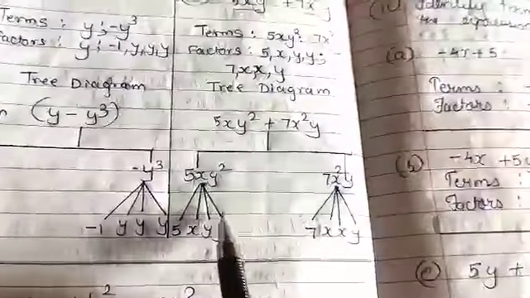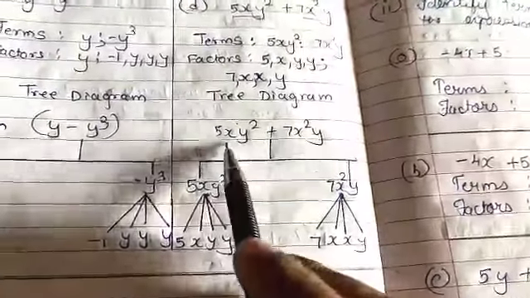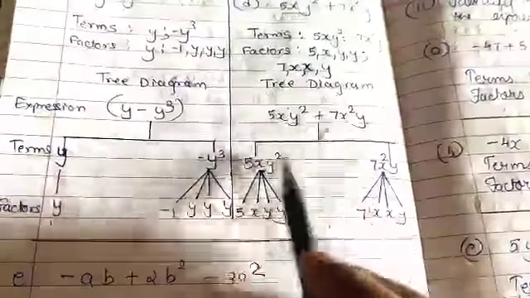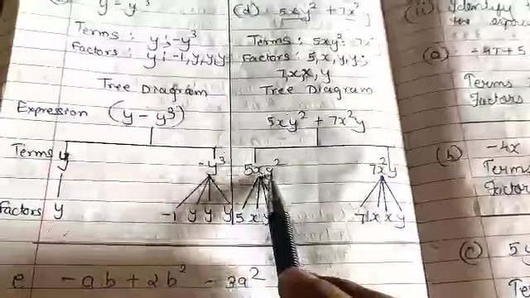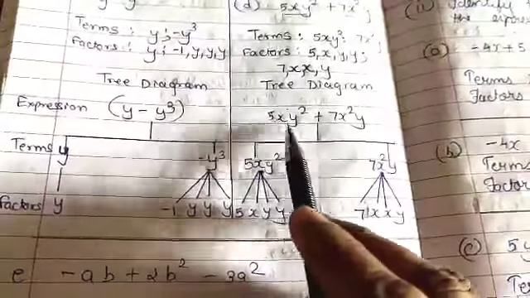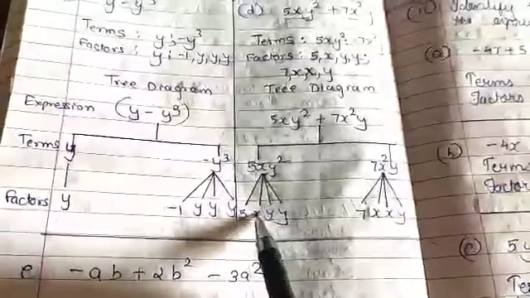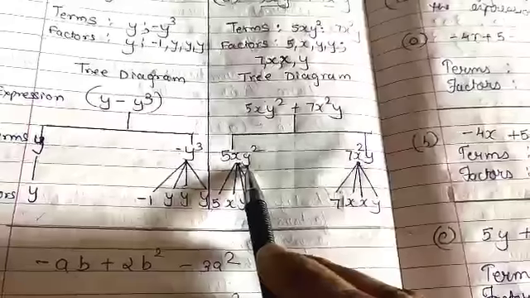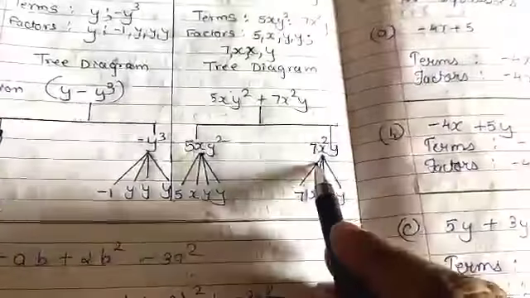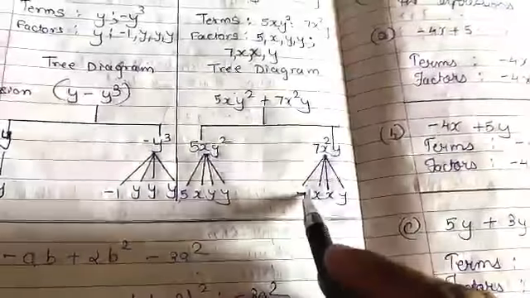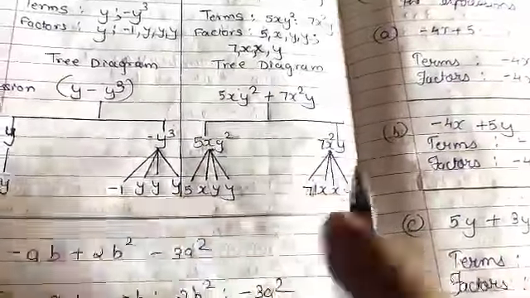Now express it in a tree diagram. Here are the two terms, 5xy square and 7x square y. The factors of 5xy square are 5 into x into y into y. How did you get this y into y? That is y square, and the value of y square is y into y. The factors of 7x square y are 7 into x into x into y.